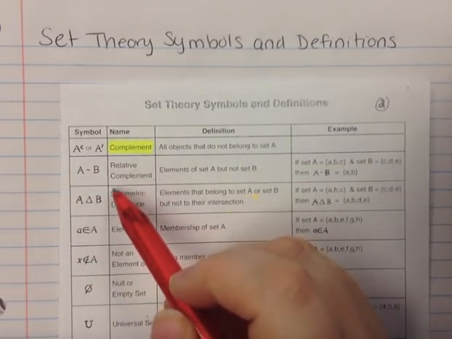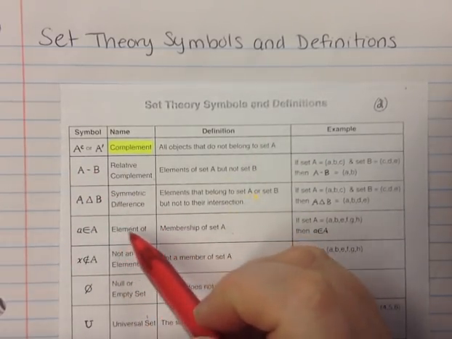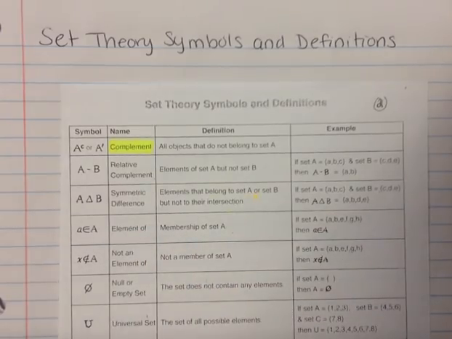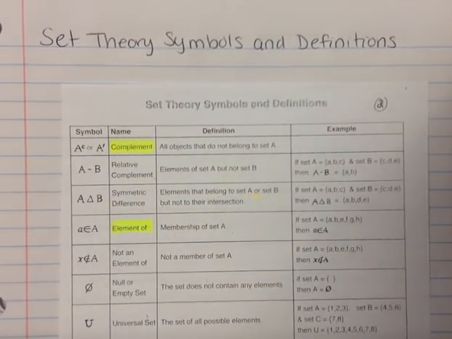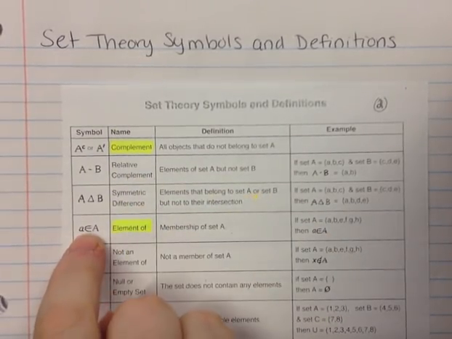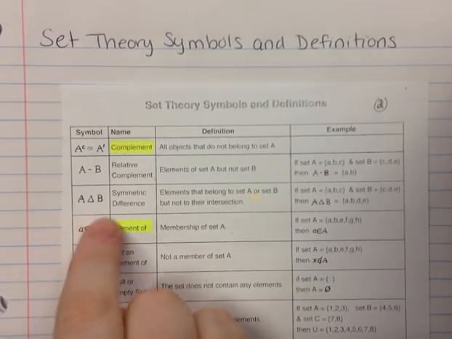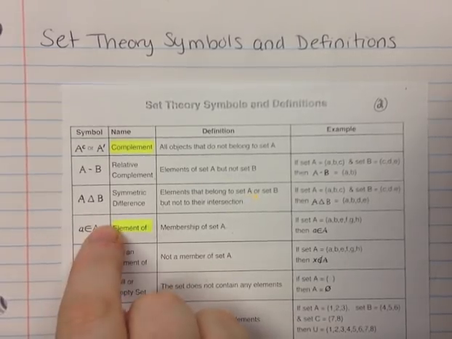We're going to skip over these two. We're going to go down to element of. Now earlier I said that a set is a collection of elements. So the symbol for element is this little E. It's almost like that subset symbol with a hyphen through it.